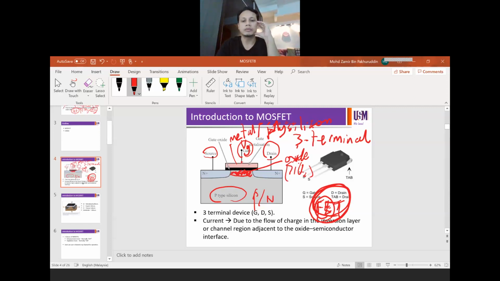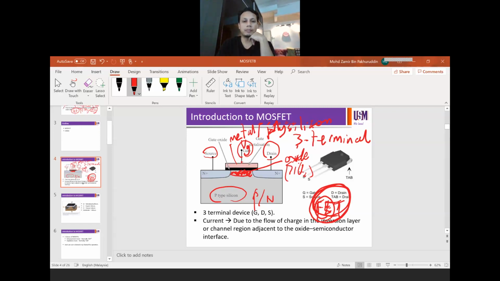Okay, so that's the basic. That's why we call it field effect transistor. It's a transistor which operates based on field effect. That means you need to apply a gate voltage, either positive or negative, in order to modulate the channel itself, the channel conductivity and the current flow, in order to make the transistor operate as desired.